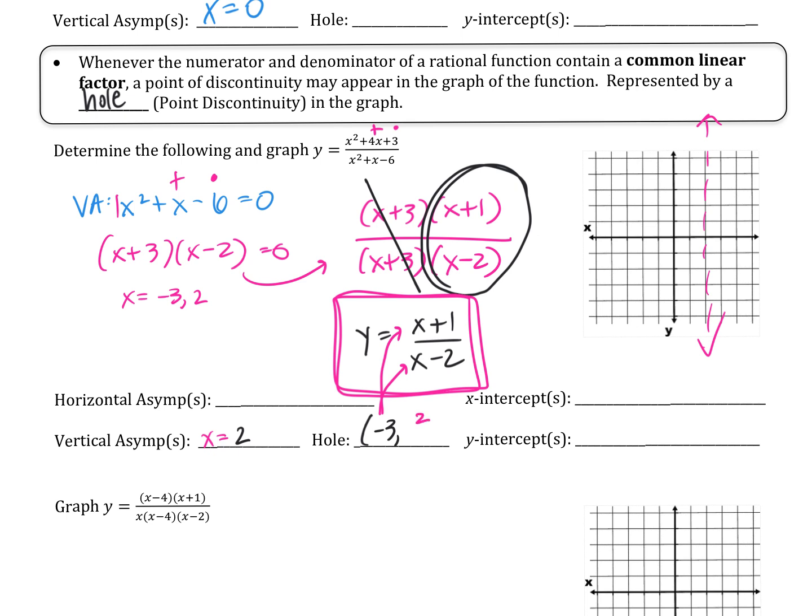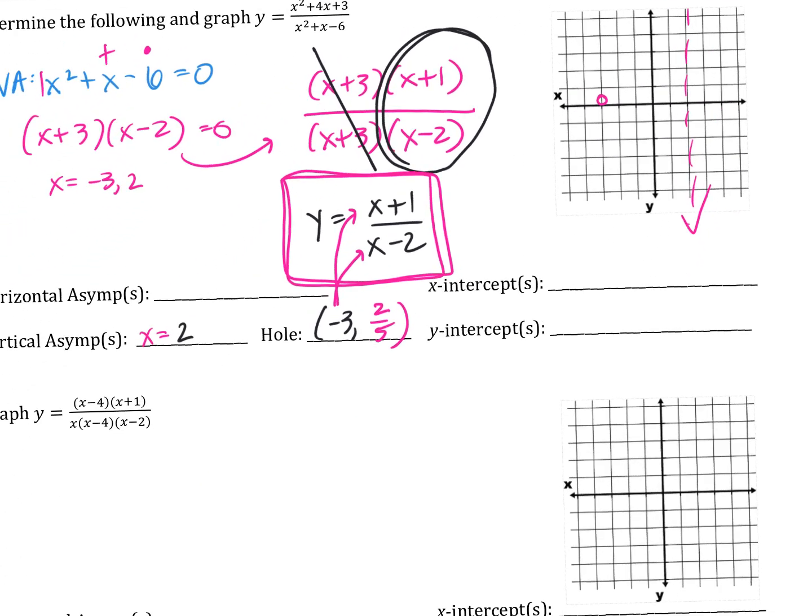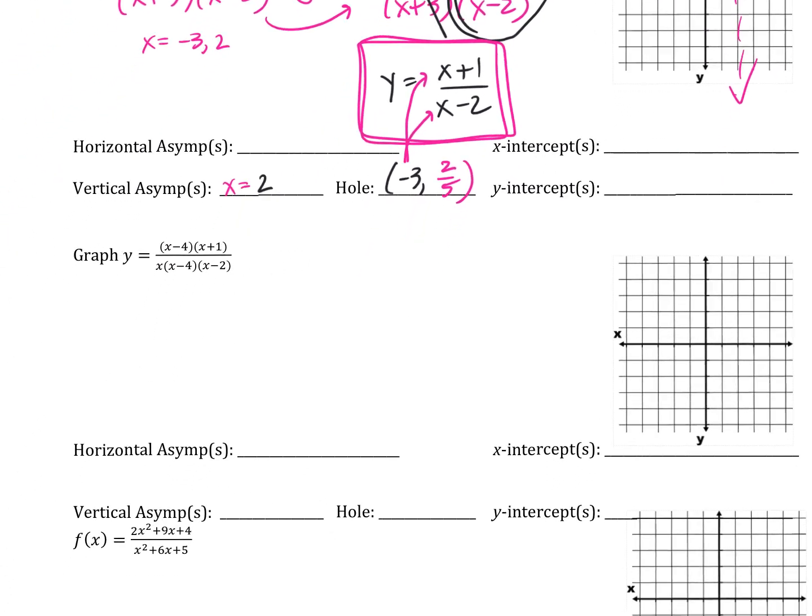So that's where the hole is. -3, 2/5. So now on my graph, I'm going to go left 3, up 2/5. You guys, 2/5 is just 0.4. So I'm just going to go up a smidge, and that's 0.4 or 2/5. That's where we have a hole. We're going to build onto that later. I'm not worried about it. I want us to find holes and vertical asymptotes, and that's it today. Sound good, Gamby? Okay. Let's keep going.